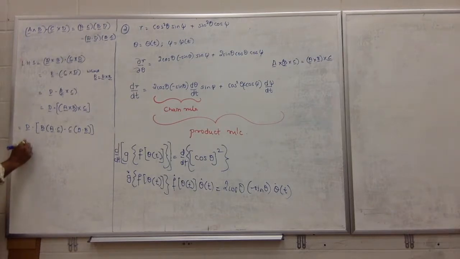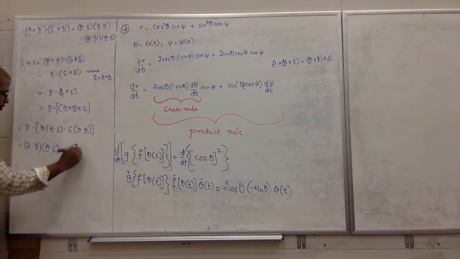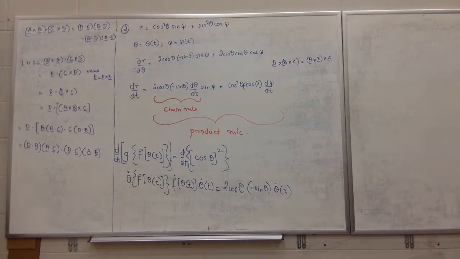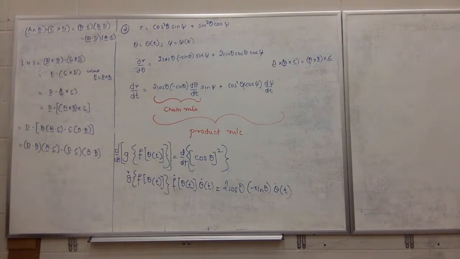So here it's D dotted with B, A dotted with C, minus D dotted with C, A dotted with B. The second half is different when we switch to negative C, because we switched A cross B cross C in the very beginning to negative C cross A cross B.